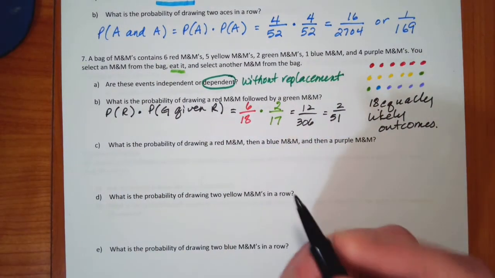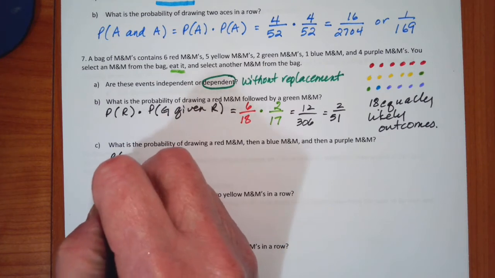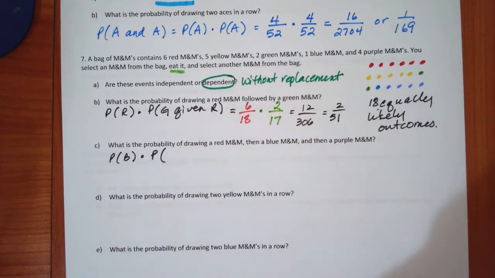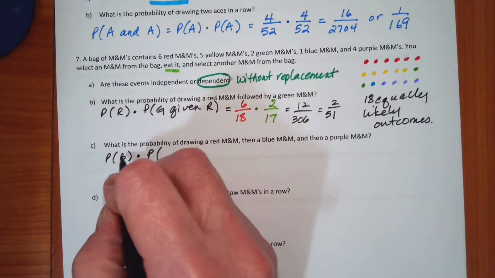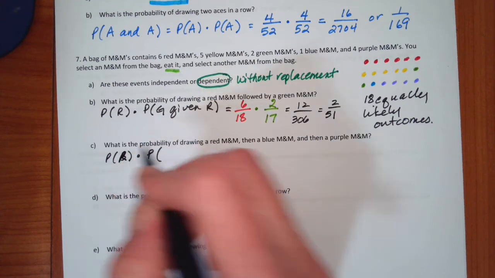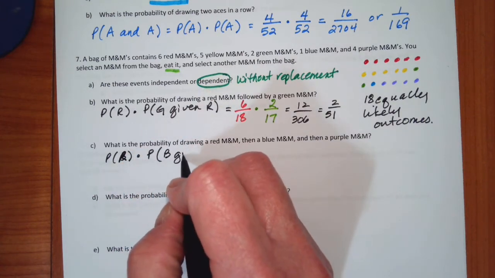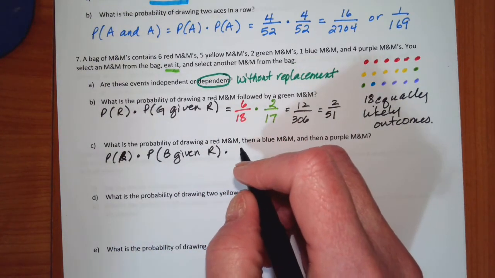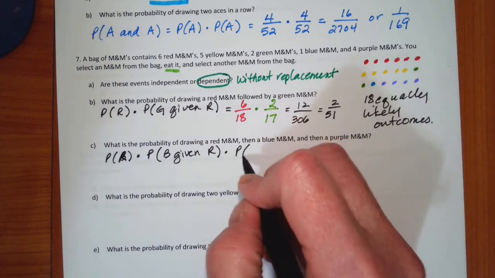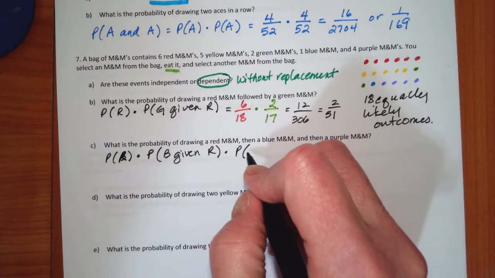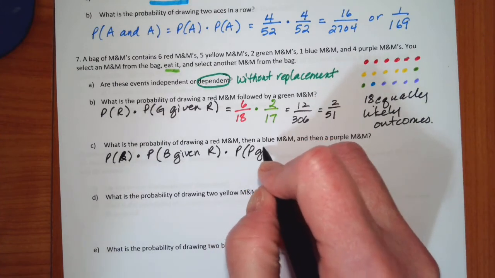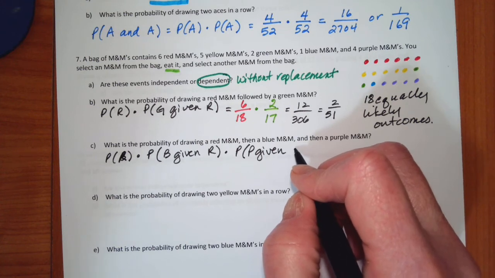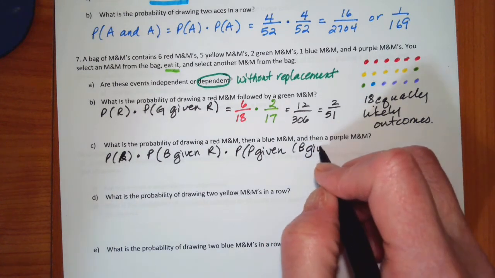Okay, so we need to find the probability of a red, times the probability of a blue, given that you've already drawn a red, times the probability of a purple, given blue given red.